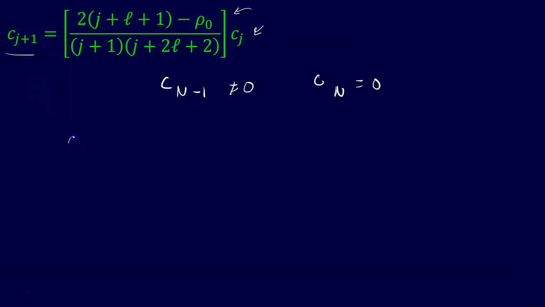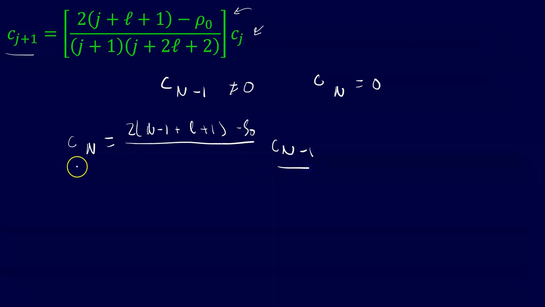So we'd want some situation where Cn equals, I won't even care about the downstairs, but up here we want this piece. If this is n, then this would be n minus 1 for the j, plus L plus 1 minus rho sub naught times Cn minus 1.